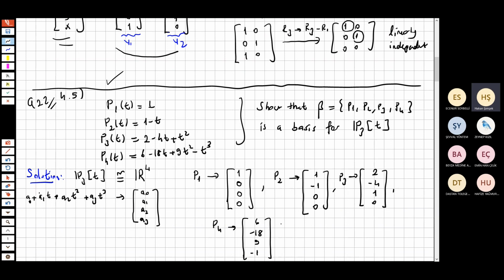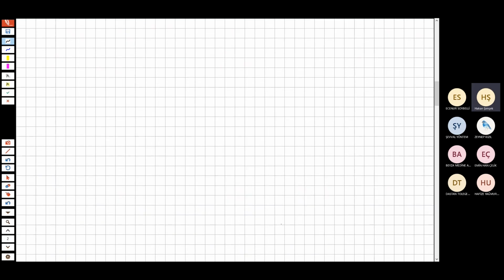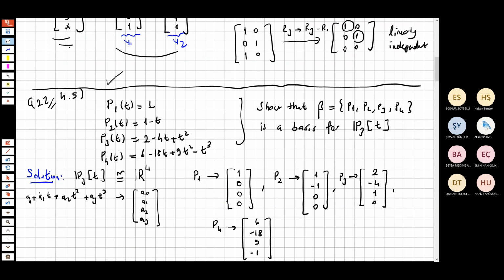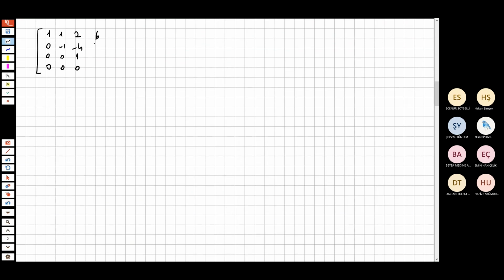So to determine whether they are linearly independent or dependent, we will write the corresponding matrix. 1, 0, 0, 0 for P1. 1, minus 1, 0, 0. 2, minus 4, 1, 0. 6, minus 18, 9, minus 1.